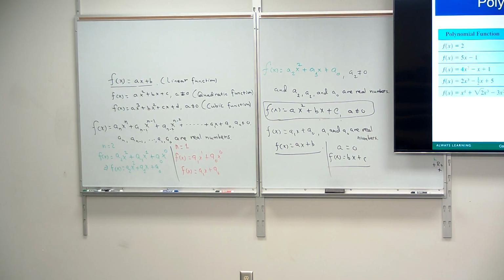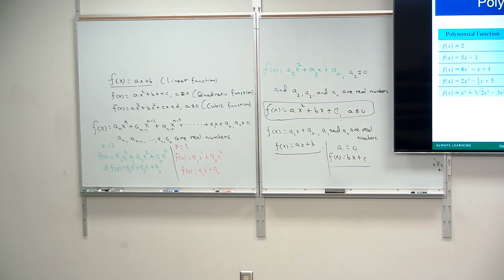If you look at the slides here, if you have f(x) equal to 2, that is a constant function. And if you have f(x) equal to 5x minus 1, that is linear. And if you have f(x) equal to 4x squared minus x plus 1, that is quadratic.